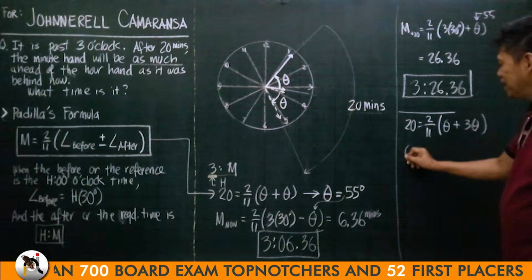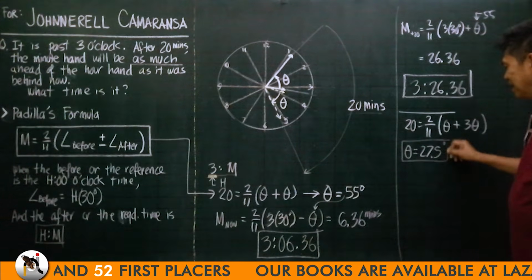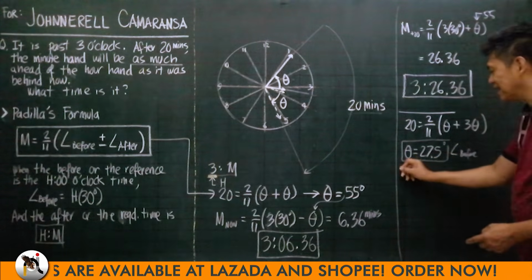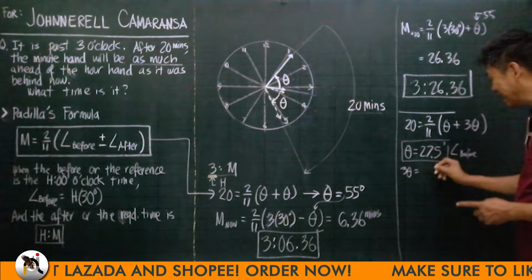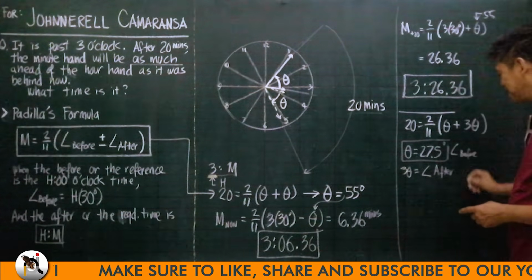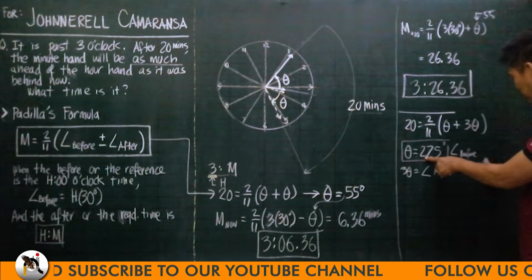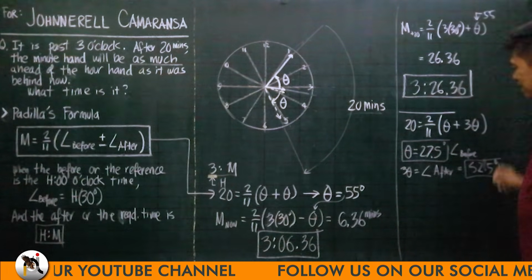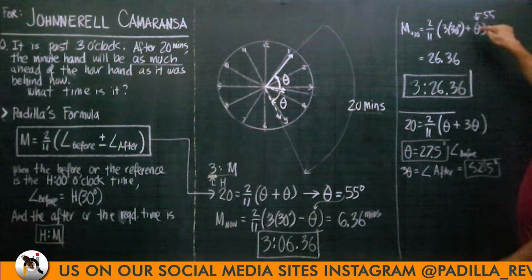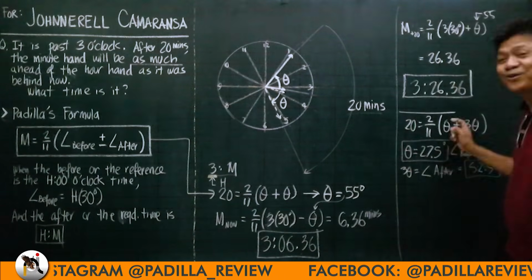In this situation, theta is going to be 27.5 degrees, the angle before, and 3 theta is the angle after, which is thrice of this, 82.5 degrees. This is the one that you will substitute here to find the angle before and the angle after 20 minutes. You follow? You get it?